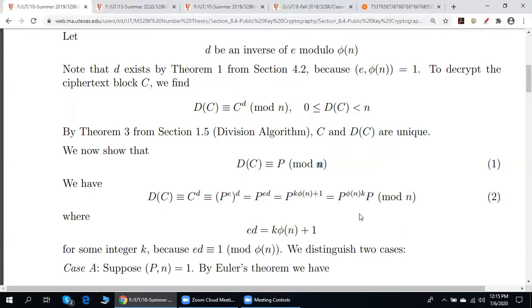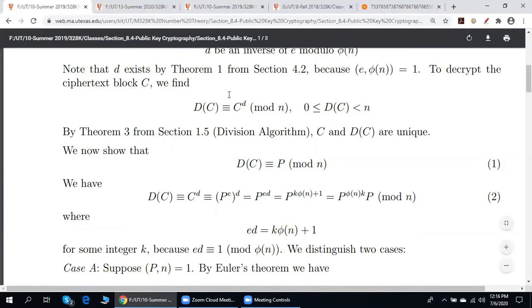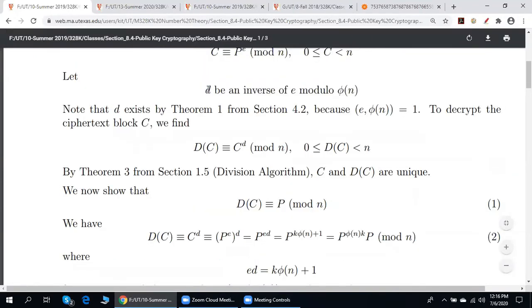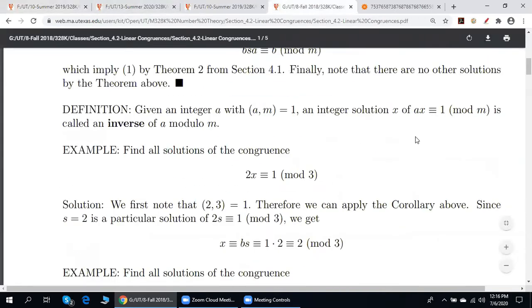What we need right now is to explain why in the world this, which is over here, is equal to this, which is over here. Well, let us go back to the definition of D. It is said D is an inverse of E modulo phi of n. But once again, what does it mean, inverse?